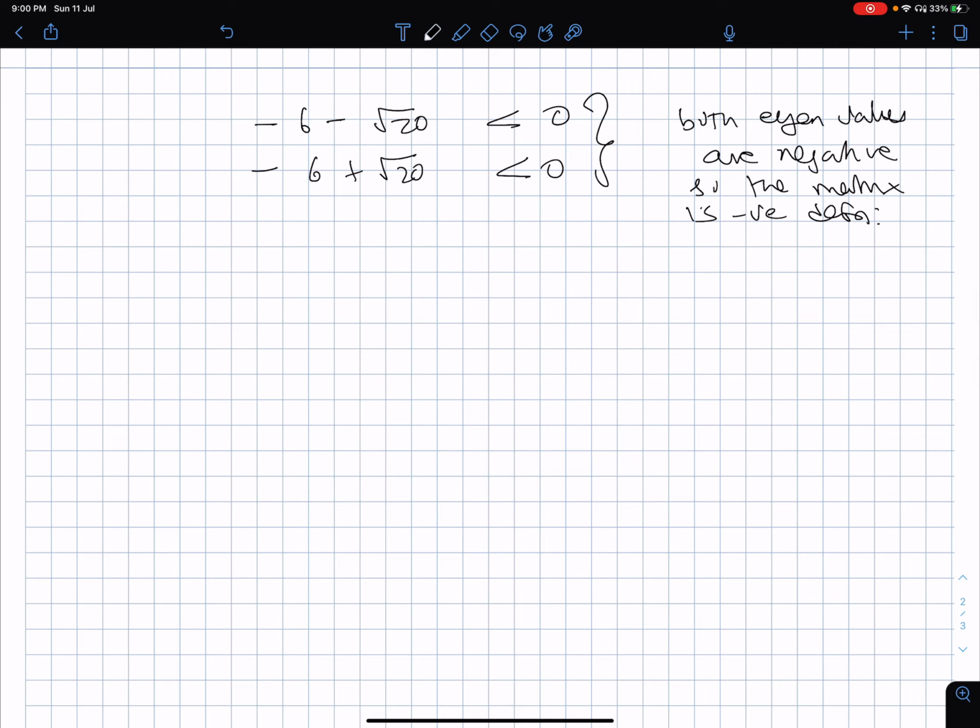So for example, if I look at a 2 by 2 matrix like this, it is a negative definite matrix, but its determinant is greater than 0.